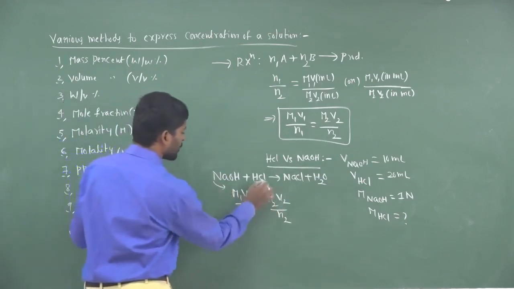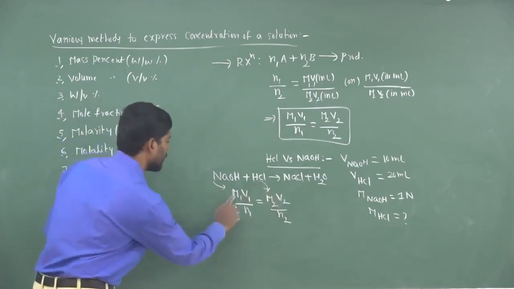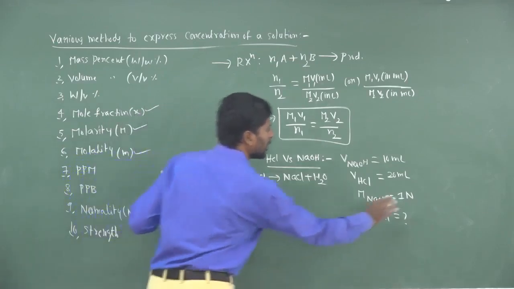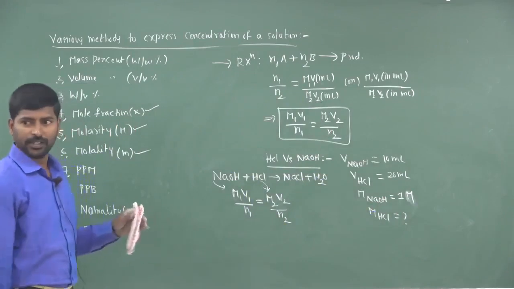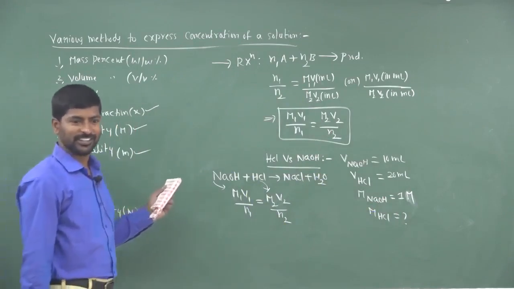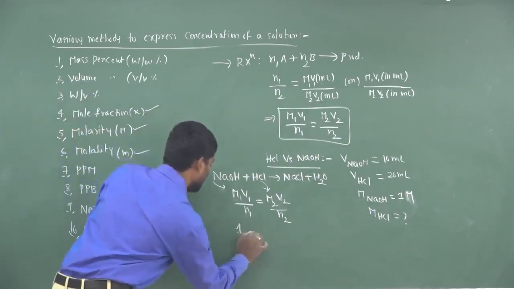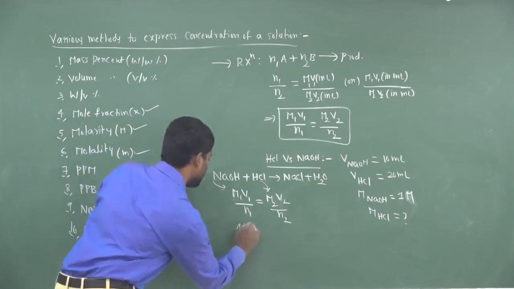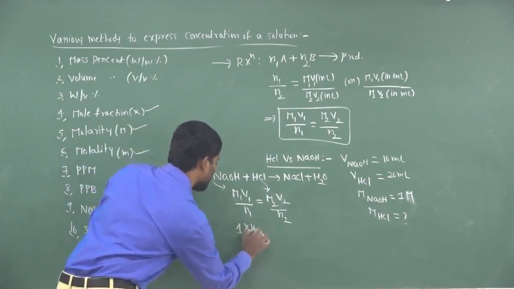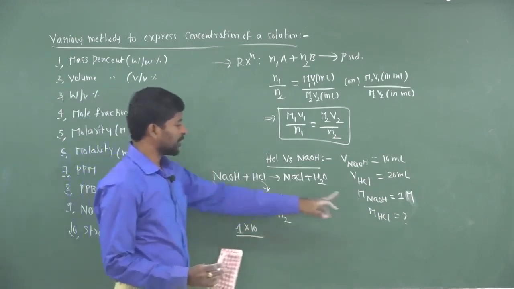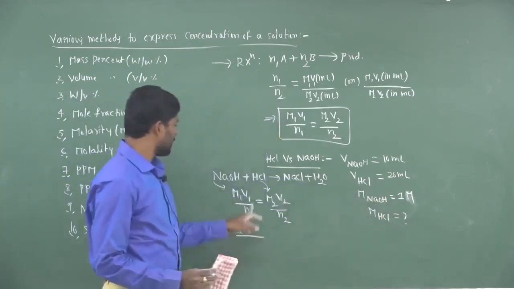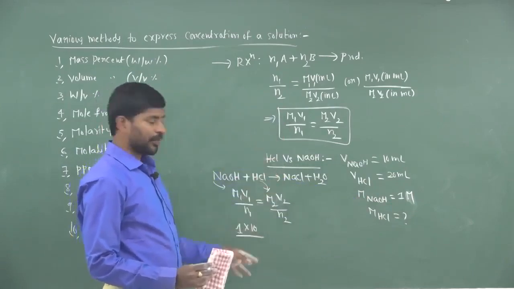The molarity of NaOH is 1, and the volume of NaOH required for neutralization is 10.